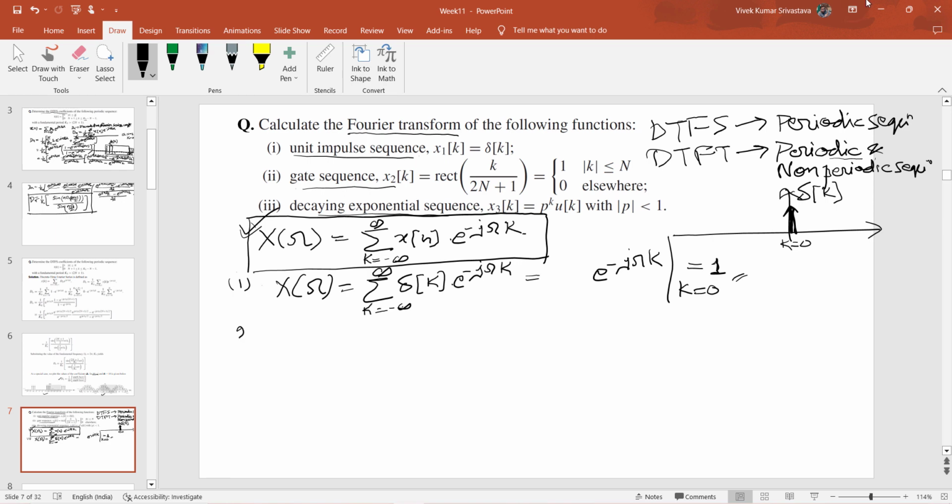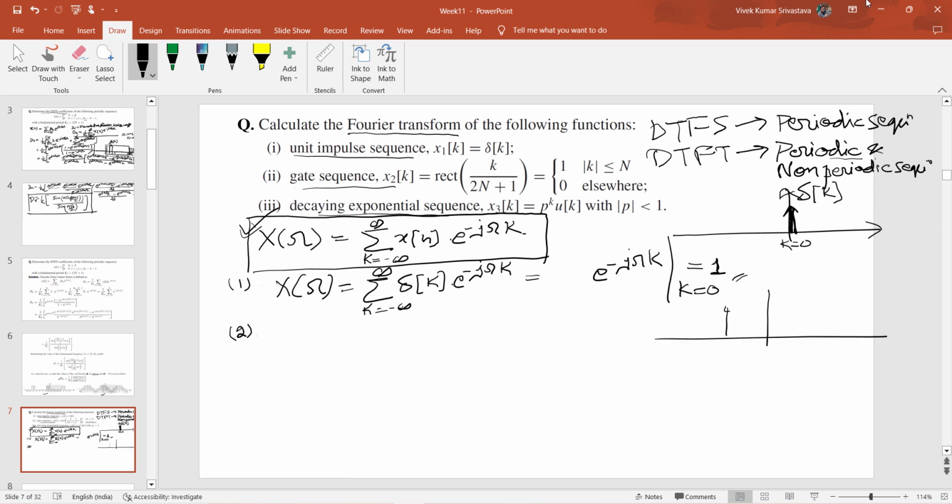Whereas for the gated sequence, that is x2 of k, which is a rect signal, a rectangular signal, it is defined within the interval of minus n to n and it has a value of 1. So let me plot.